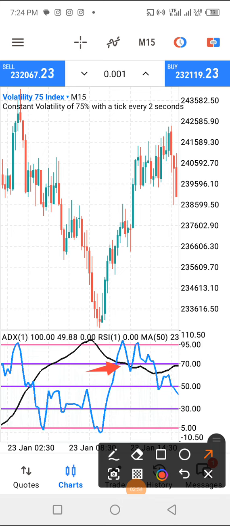Immediately price closes below level 75, you can enter and put your stop loss at the swing high. That means you put your stop loss around this area. If it's on your chart, you check the swing high and put your stop loss above it, or possibly the nearest swing high, and make sure you use the lowest lot size, because you know Volatility 75 is very volatile.